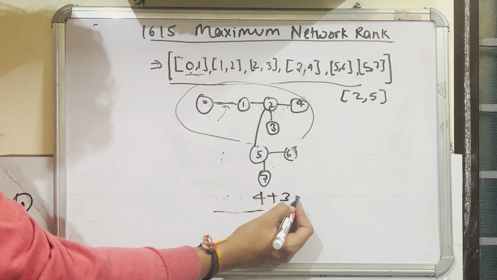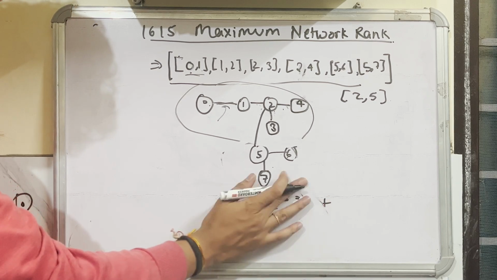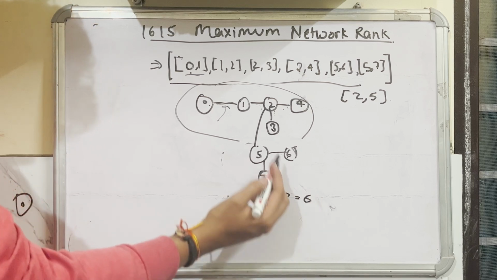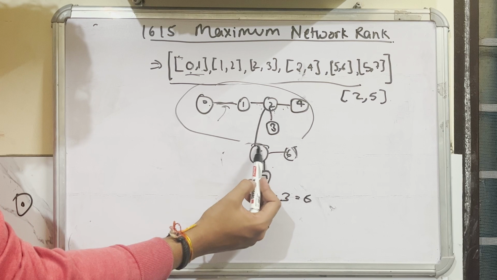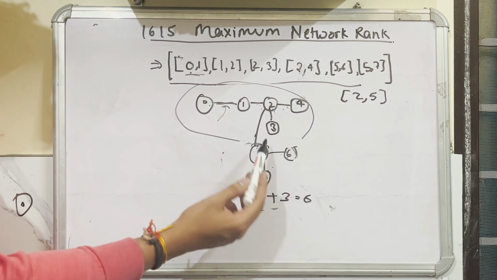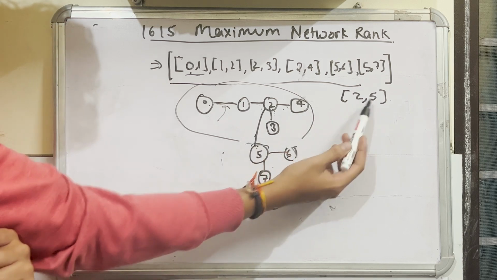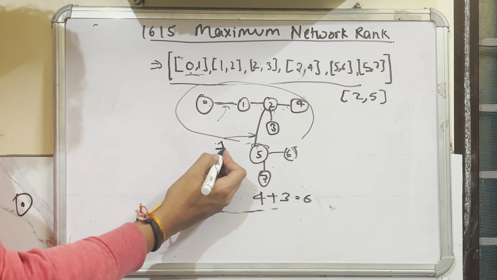You will be thinking 7 will be your count, but that will be wrong, as 6 will be your count. If there is a common edge or common road between two cities which have the maximum value, you have to just count it once. Like this edge 2 comma 5, you can see in the diagram, you have to count it just once.